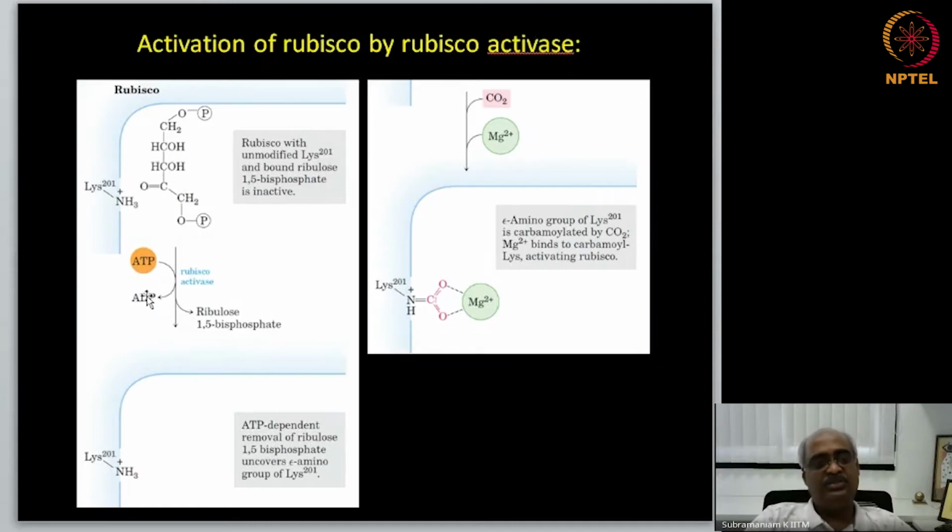And in the presence of ATP, Rubisco activase expels this out and allows the binding of carbon dioxide and magnesium to form the carbamyl lysine here. Okay, so this is tightly regulated by light and availability of ATP and NADPH, etc.